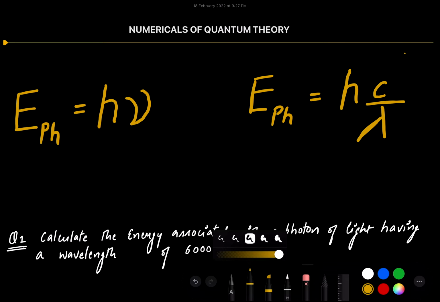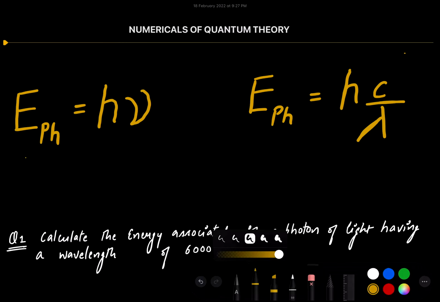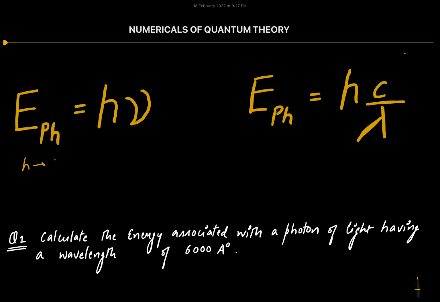Now, what is h over here? h is Planck's constant, whose value is 6.626 into 10 to the power minus 34 joules second.